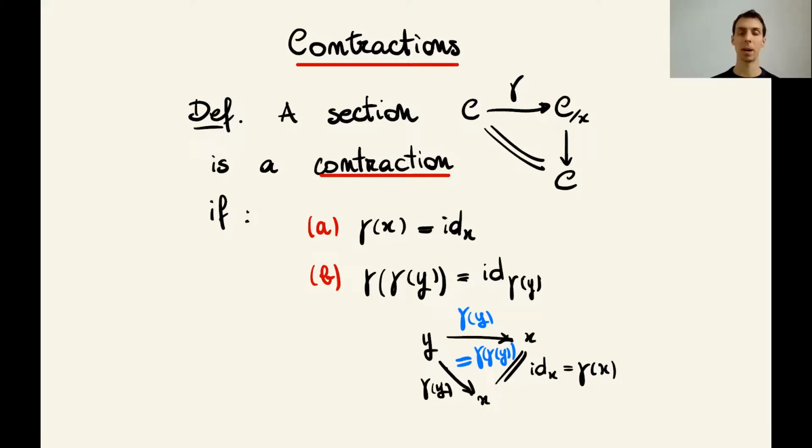So a section gamma of this projection of the slice over C is a contraction if the image by gamma of X, the wannabe terminal object, is the identity of X, that is precisely like in the one-categorical case, and then comes a two-categorical layer.